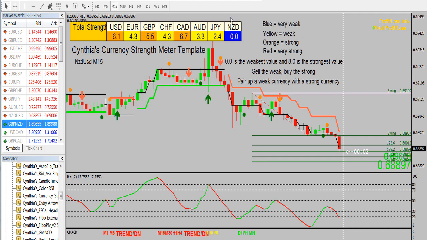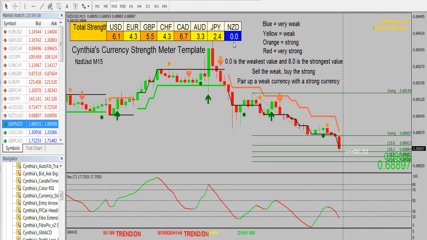Right here we're looking at the New Zealand dollar, and the New Zealand dollar is very weak at blue 0.0, and it's paired with the US dollar. So the US dollar is orange with a value of 6.1, so that's considered strong.